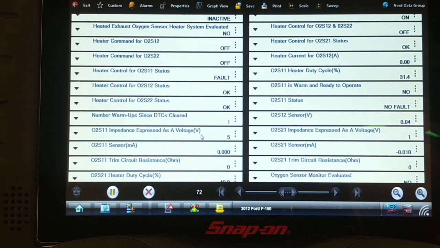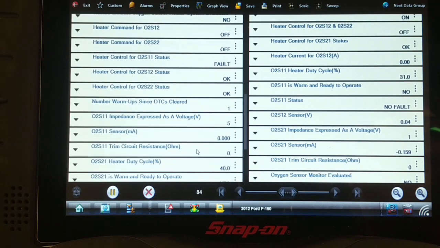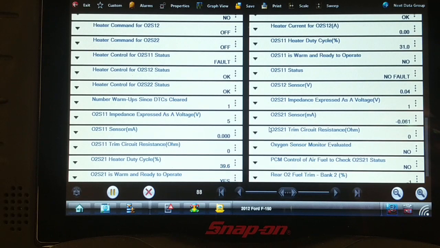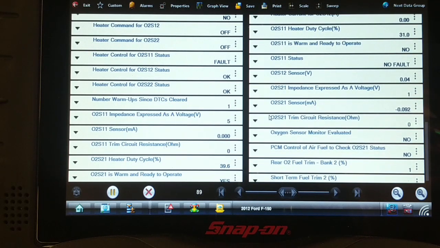Just looking at that bank 1 oxygen sensor, it's O2 impedance expressed as a voltage. It says 5 volts on bank 1, and the other one on the other side is 1. Current from the sensor is 0, but yet the other sensor is switching. Trim resistance looks the same. The heater doesn't work, so that's a problem.